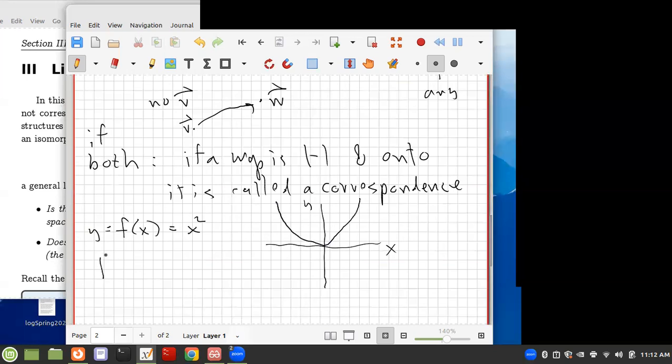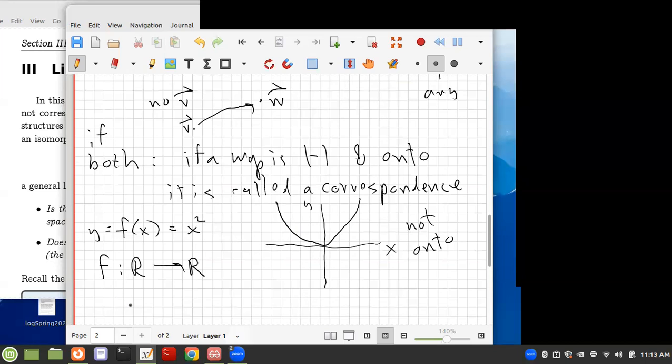If you treated f as a map from the real numbers to the real numbers, the domain and codomain, then you can see this map is not onto, because the domain is every real number, but you never get any negative numbers. So it's not onto.